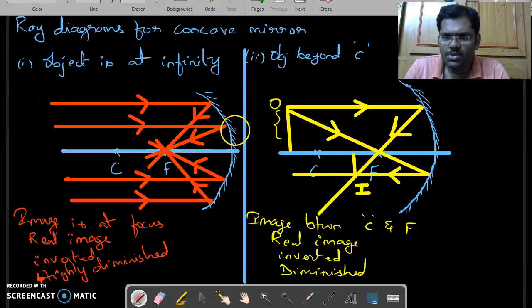So these are the first two cases: when the object is at infinity, and when the object is beyond C. Let us move on to the next case.